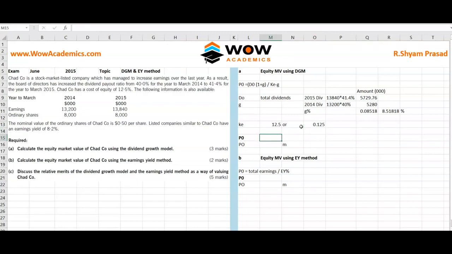The P0 would be the D0, which is 5729.76, into 1.085, the growth factor. This is divided by Ke minus g, where Ke is 0.125 minus 0.0851.